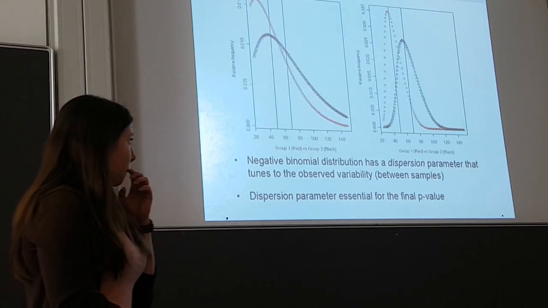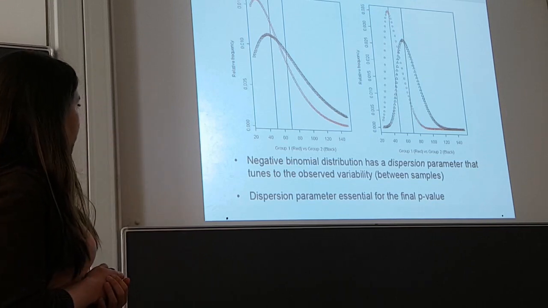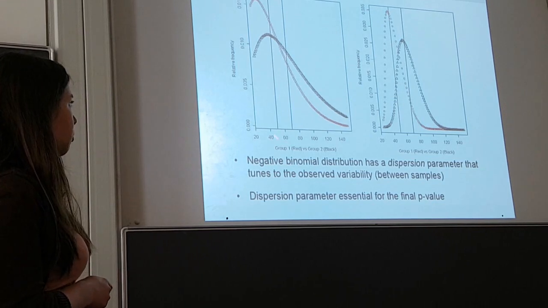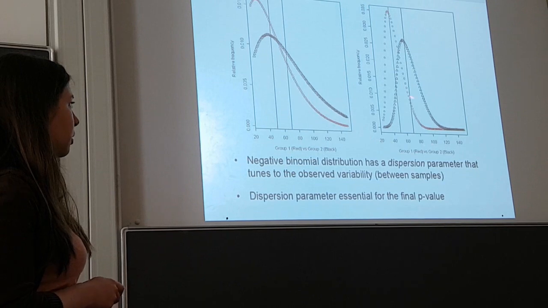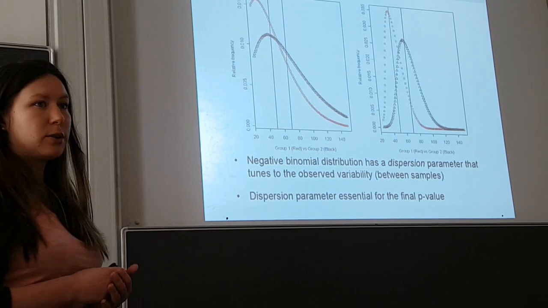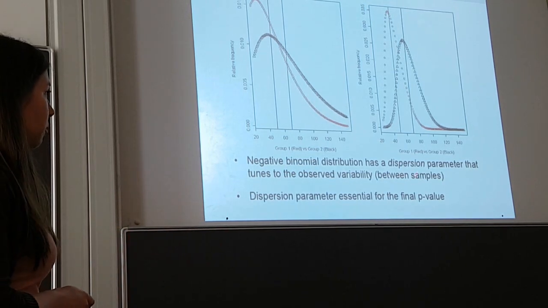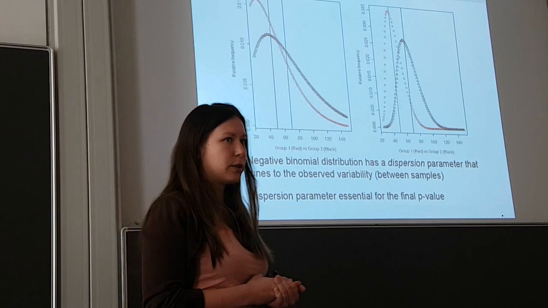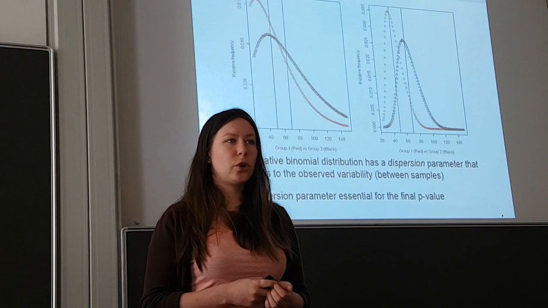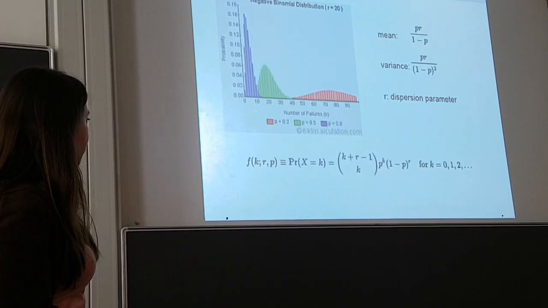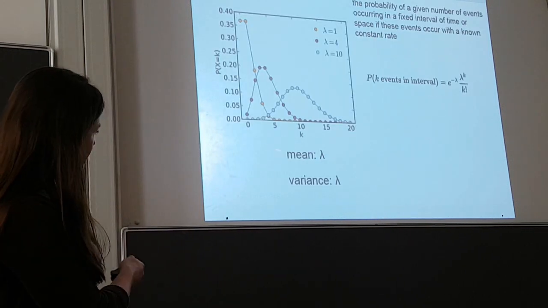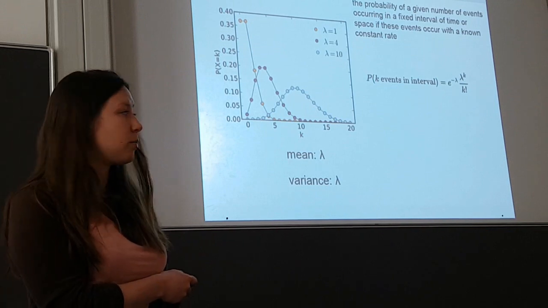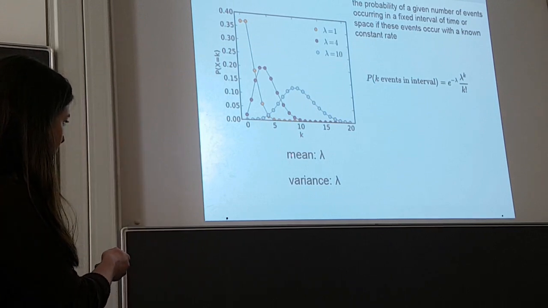So over here you can see a clear difference between the Poisson distribution and the negative binomial. This is just a different lambda for the negative binomial on the right side. And again, the main difference between them is that in the Poisson distribution you have your mean and your variance equal to each other. This is the same parameter as lambda, right?